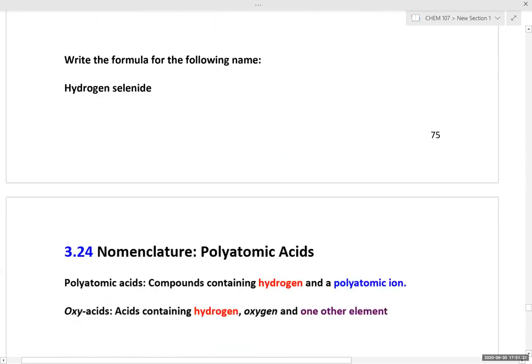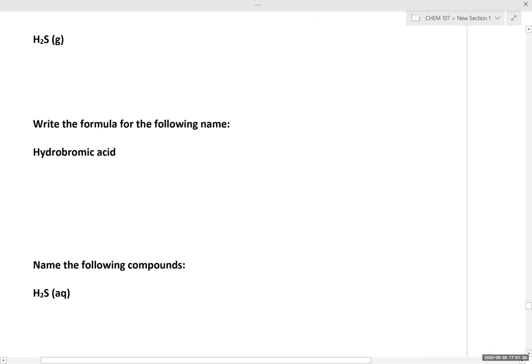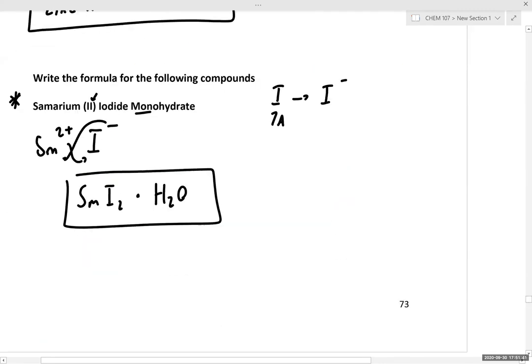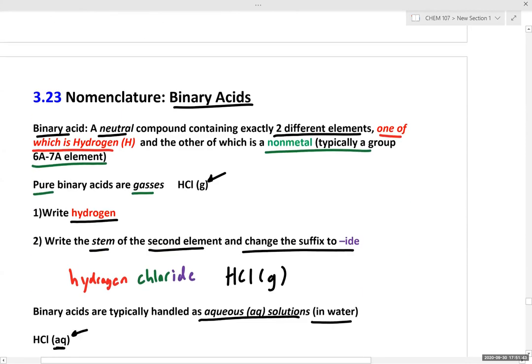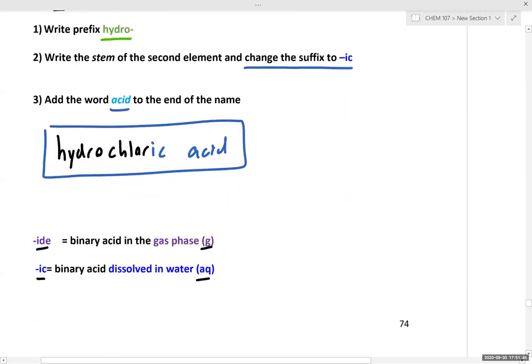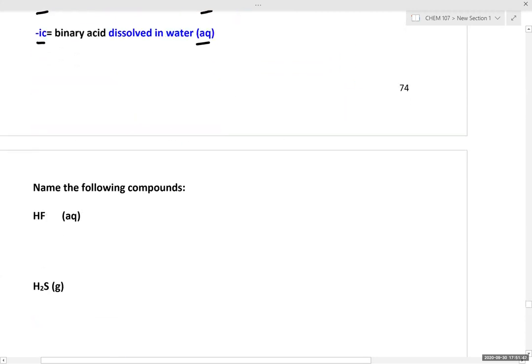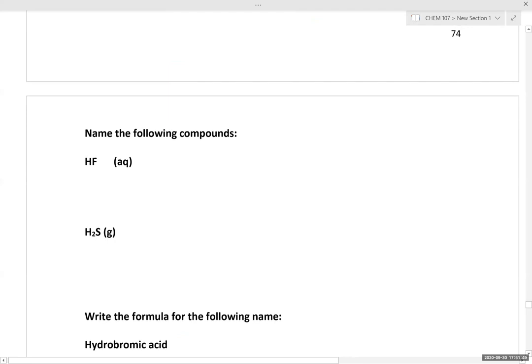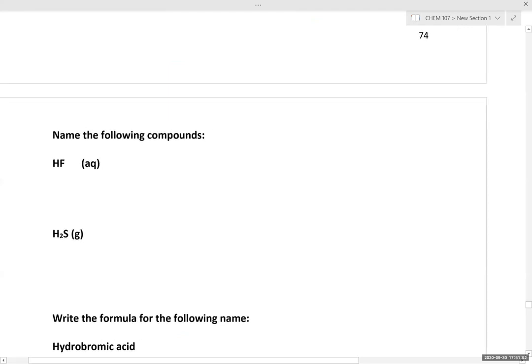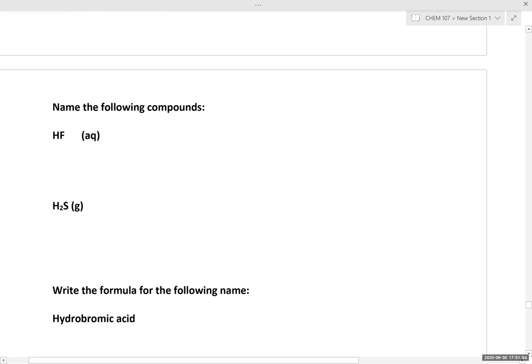So let's keep going now and let's try, oops, one moment. Let's try to name the following compounds. So I'll do the first one, you'll do the second one. So HF, I notice it's in the aqueous phase.